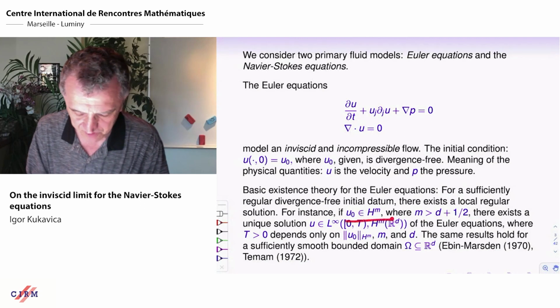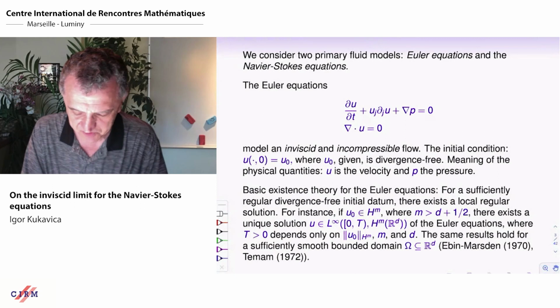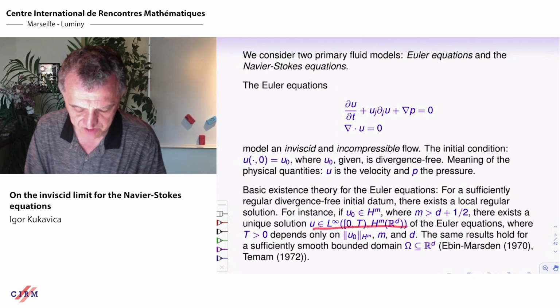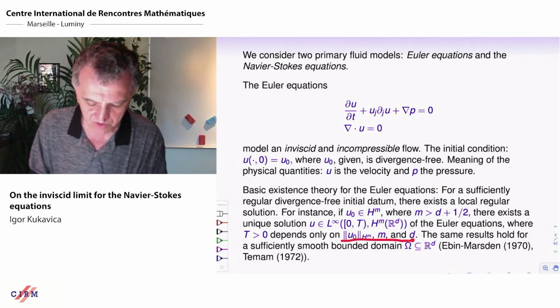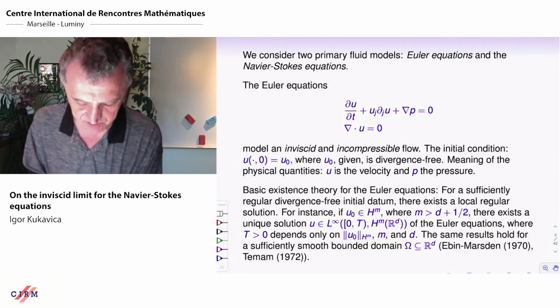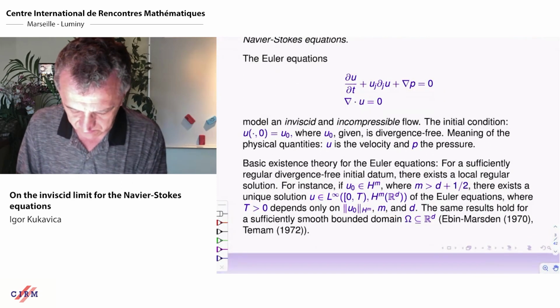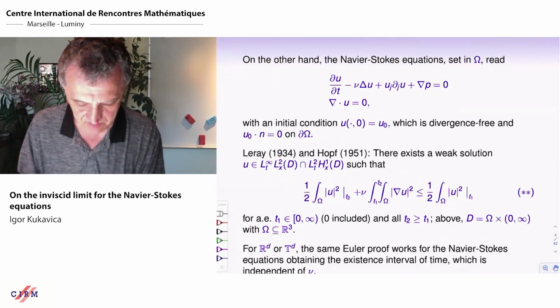If u0 belongs to a high enough Sobolev space, H^m with m bigger than d/2 plus 1, then there exists a unique solution in L infinity H^m, and the time depends only on the size of the initial data, m and d. So yes, the simpler proof by Temam, and this is well known.